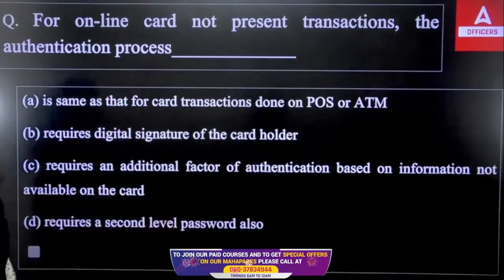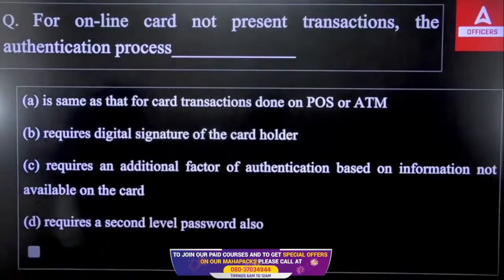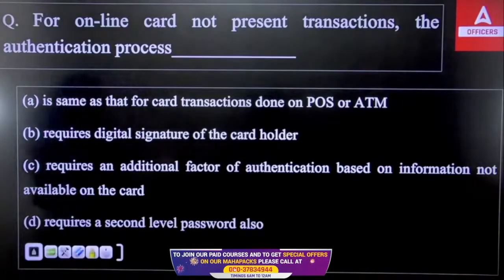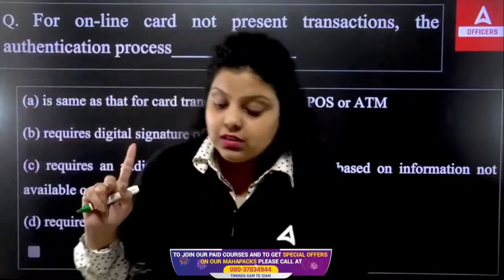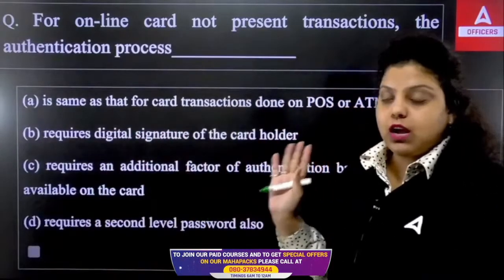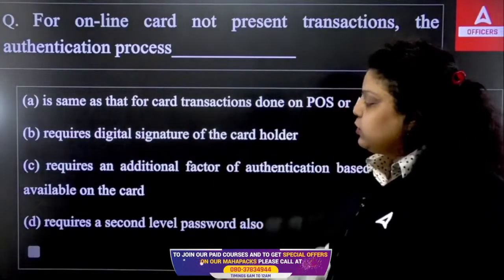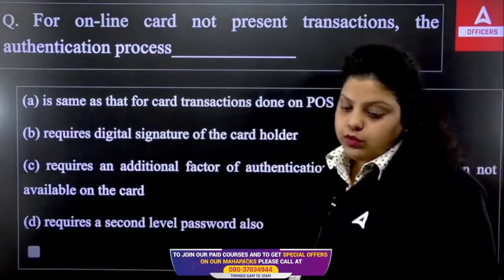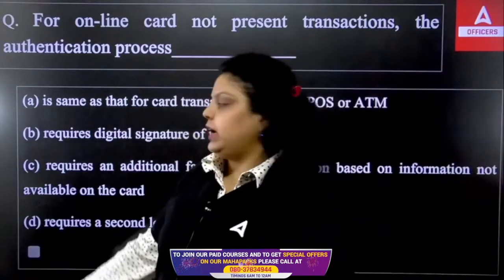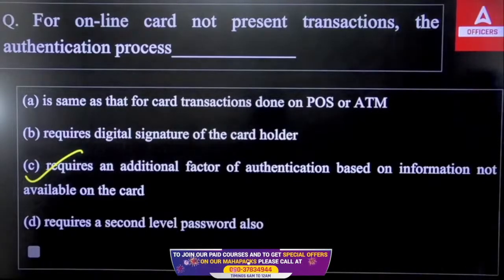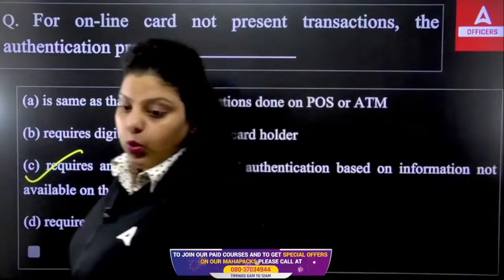Fourth, the process requires a second level password also. Which of the following is correct? The right answer, very good, is that it requires an additional factor of authentication based on information not available on the card. So the right answer will be your C option.